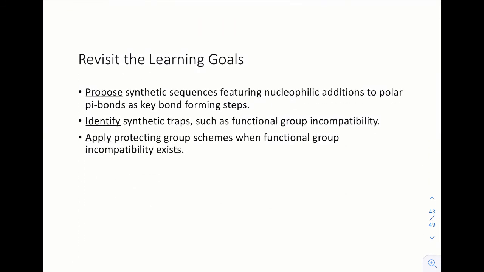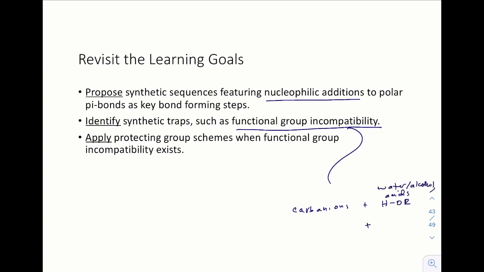After this video, we're able to propose synthetic sequences featuring nucleophilic addition reactions to polar pi bonds as key bond-forming steps. We've identified synthetic traps such as functional group incompatibilities. We've looked a lot at carbanions plus proton sources, be that water or alcohol or even carboxylic acids. We also looked at carbanions with carbonyl functional groups that we did not want to react.